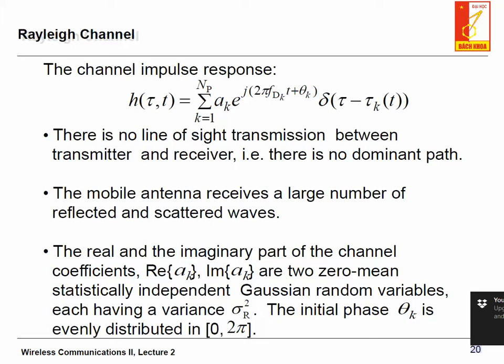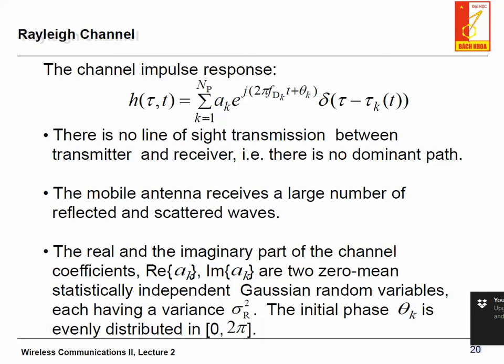The mobile antenna receives a large number of reflected waves, which means that it receives signals from many directions. In this case, the channel is complex, with a baseband representation. The real part and the imaginary part follow the Gaussian distribution, and their amplitude follows the Rayleigh distribution. That's why we call this channel Rayleigh.